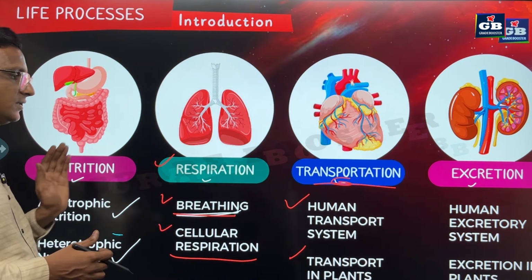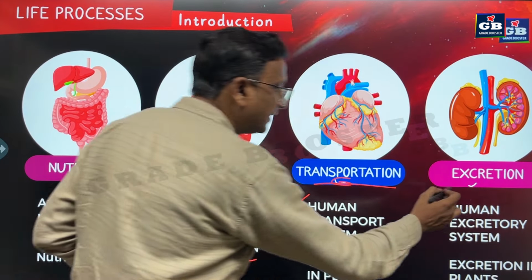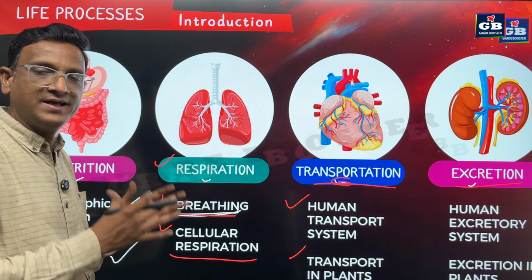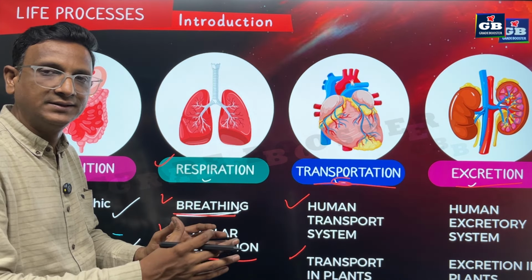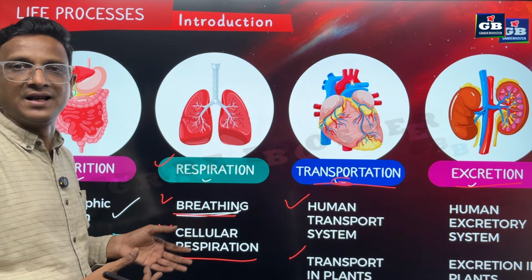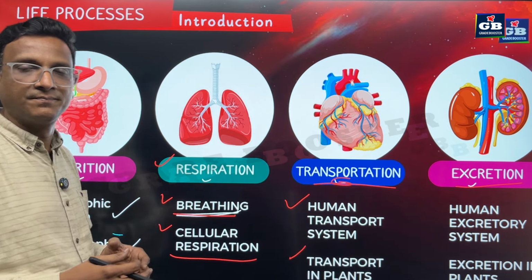So nutrition, respiration, transportation. Now the last one, that is excretion. Sending the waste materials out of the body is excretion. I already told you in the previous slide, inside the cells so many metabolic activities take place.